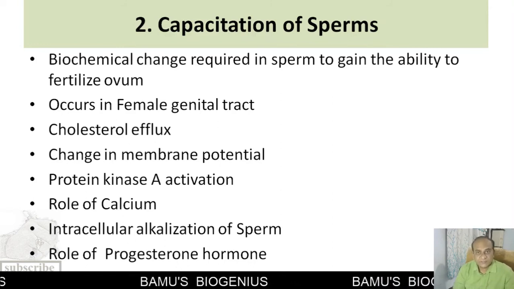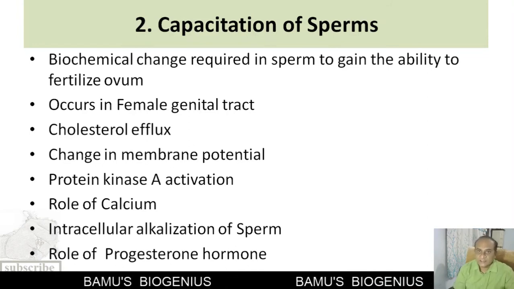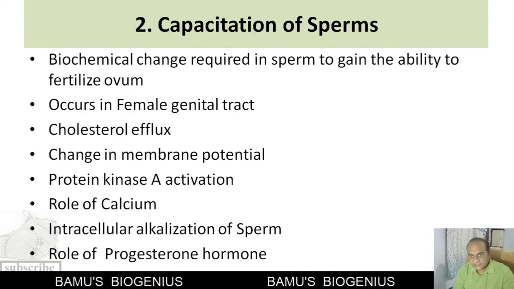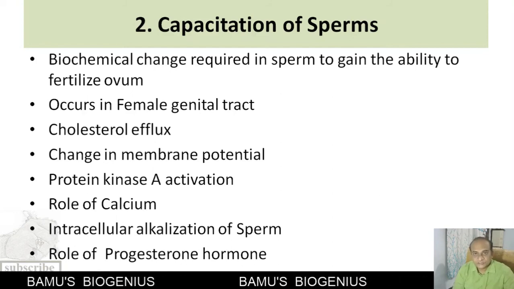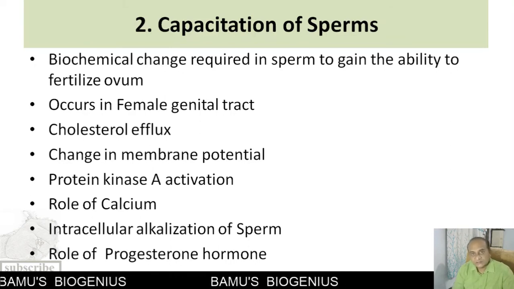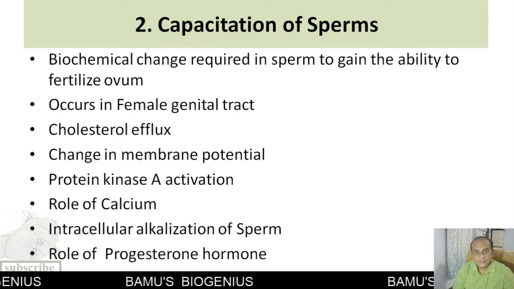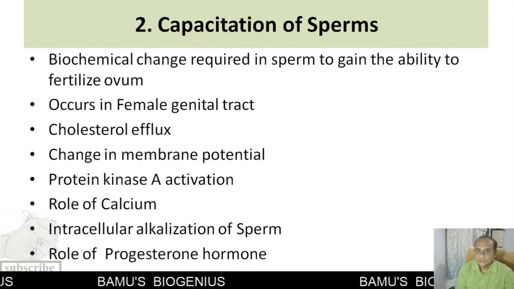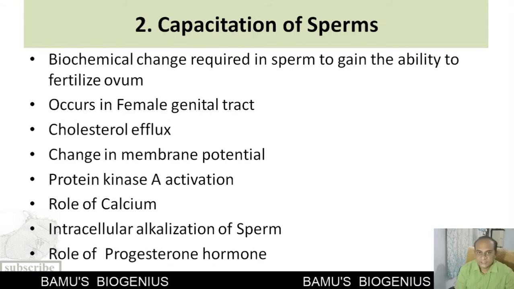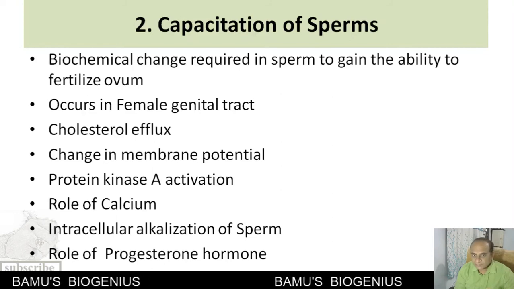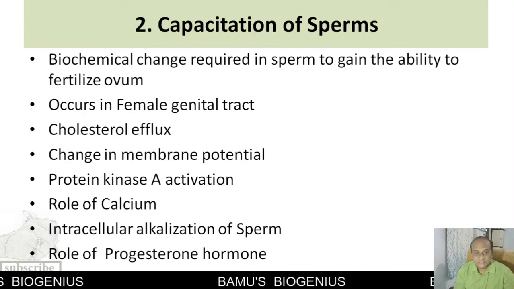Now, this increased pH is helpful in activation of protein kinase A. And it has been found that whenever protein kinase A activation takes place, it produces the ATP, and this ATP gives rise to cyclic AMP, and this cyclic AMP then induces, or we can say it helps in rigorous movement of the flagella or tail of the sperm. That means, due to all these chemical reactions, what is happening? The hypermotility of a sperm is taking place.